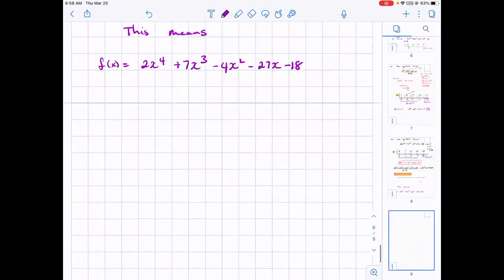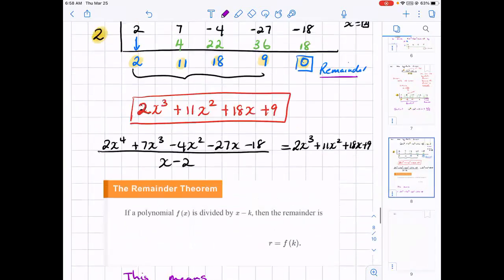Now, if you find f of 2, our divisor here was 2.